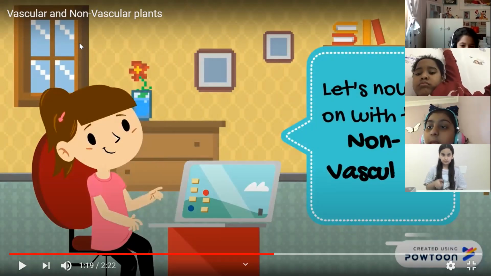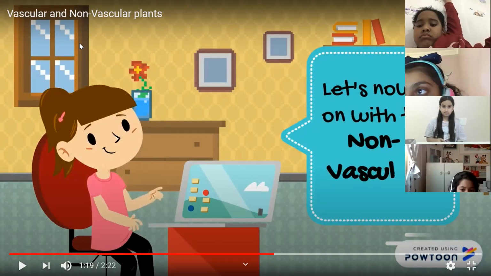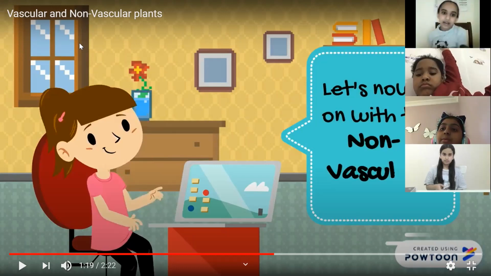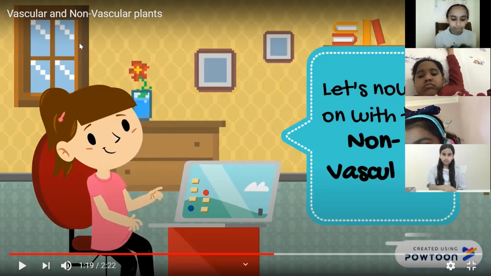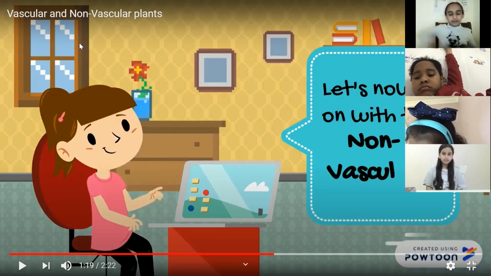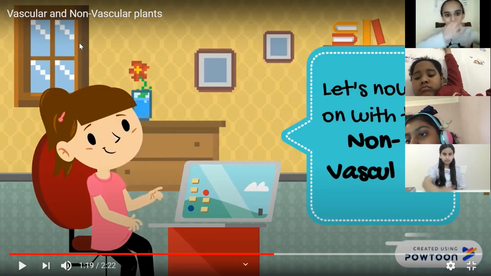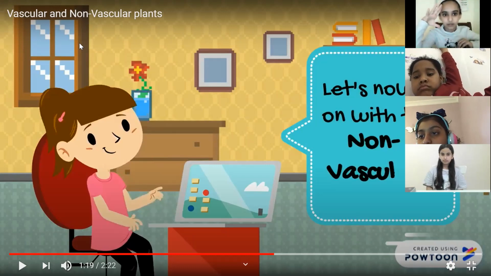But without a root, a plant can never live, okay? Root is very important for plants. The first thing that comes out of a seed is a root. Yes, Yelene. And it has a lot of branches, for example, like a spruce tree, it's a non-vascular plant.